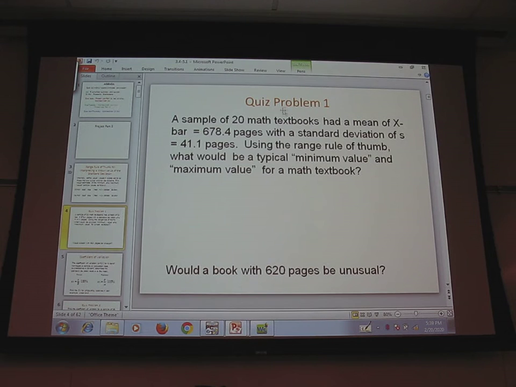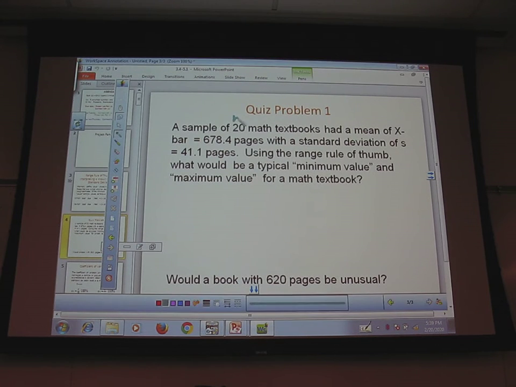That's my n. Has a mean of 678.4. So this is my x bar, my sample mean. And then what's 41.1 pages? That's my standard deviation, my s. Everybody okay with that part?